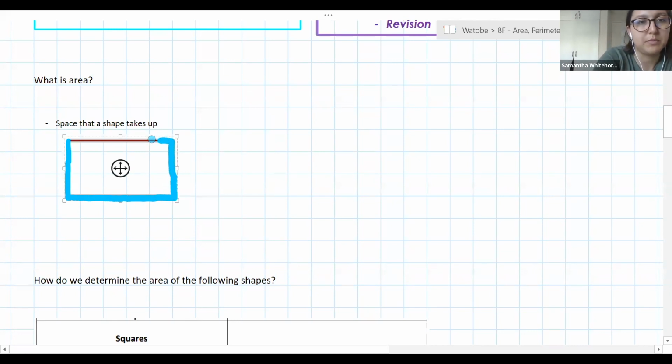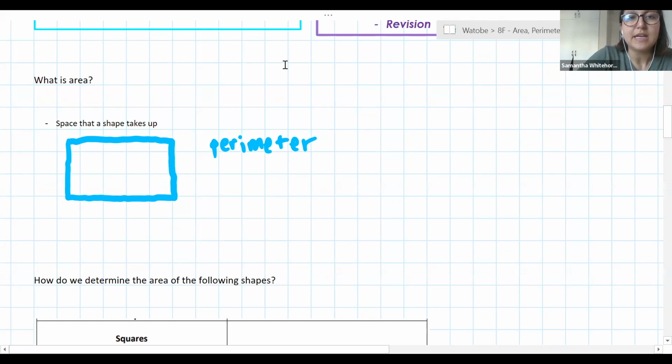So what I'm doing in blue is perimeter. Whereas now when we want to consider area, it is all of the space inside my shape. So it's basically how much space is this shape taking up? And this is what we're going to start having a look at today.